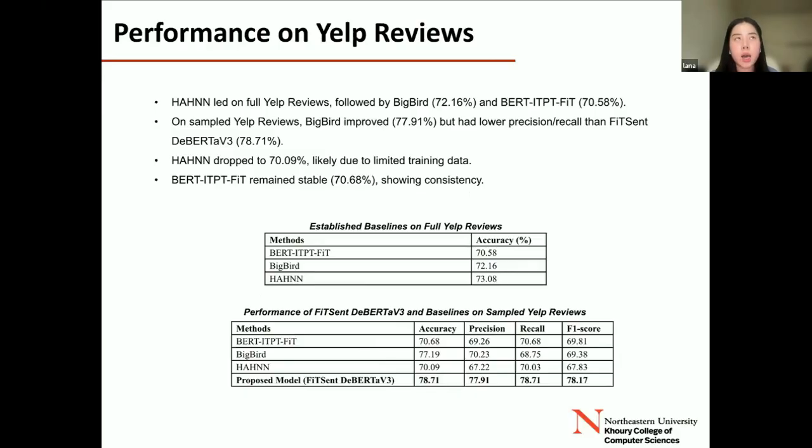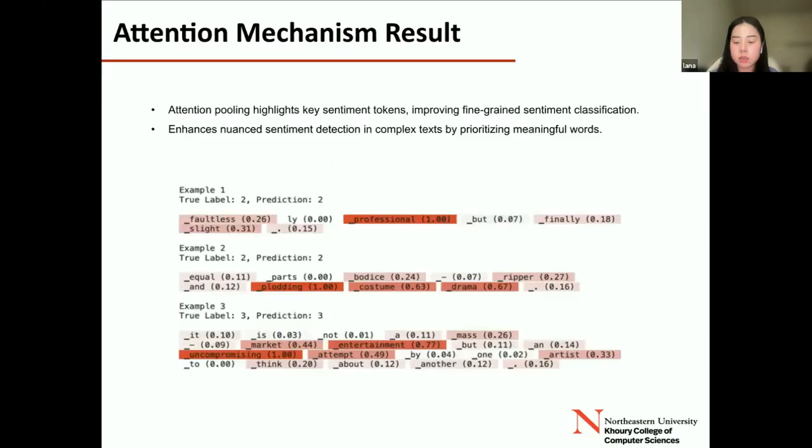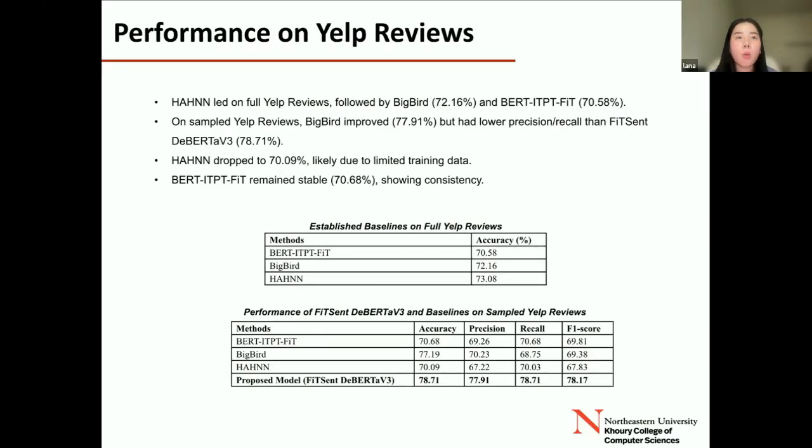So to make the evaluation more credible, we also retested all of these models on our sample dataset of 100,000 data points and calculated precision, recall, and F1 score to assess how well they handle the class imbalance.